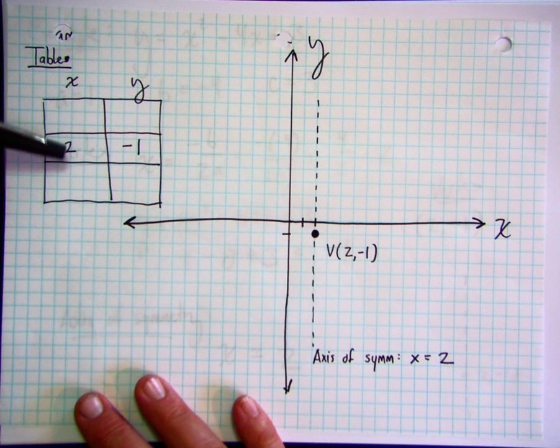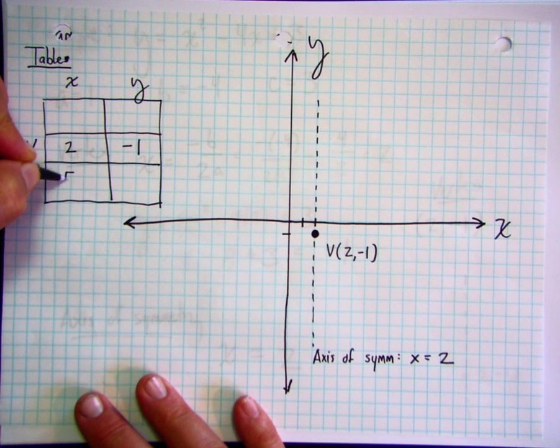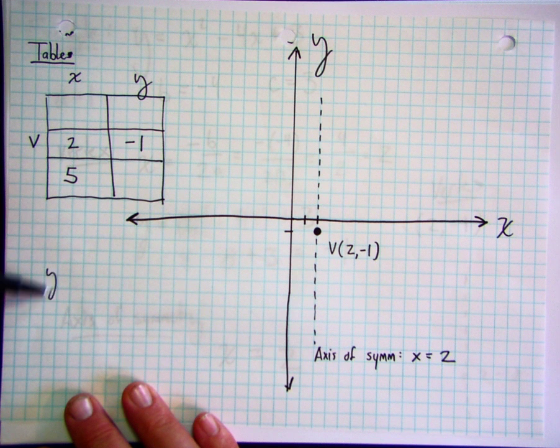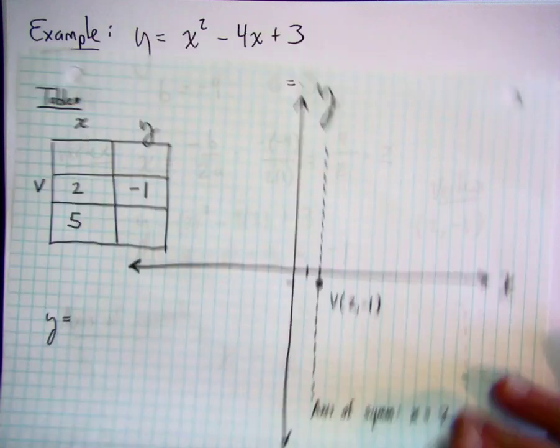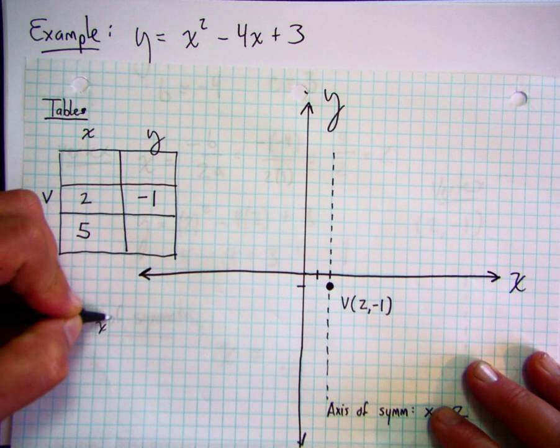Now I can choose any other x's I wish. I should choose one that's larger than the vertex and one that's smaller. Let's choose 5. If we choose 5, then we plug 5 into the original equation, x squared minus 4x plus 3.